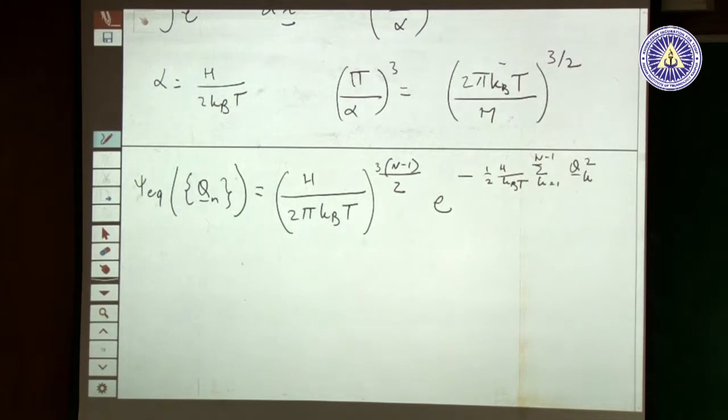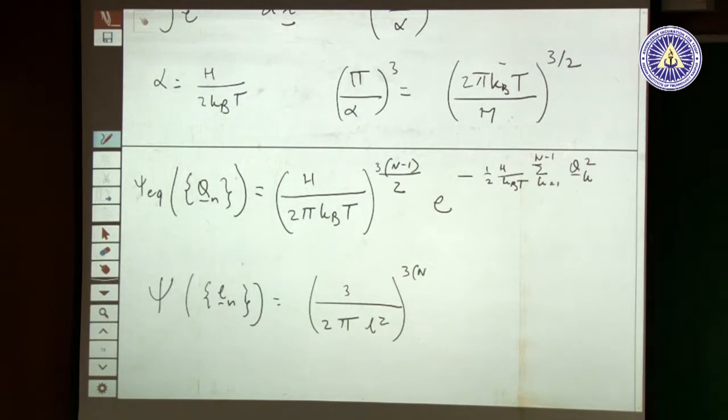So if you recall, I had written that as psi of L_n was 3 over 2 pi L squared to the power of 3 times n minus 1 over 2, e to the power of minus half, and this was L squared, and I had sigma i going from 1 to n minus 1 of r_{i+1} minus r_i the whole squared.